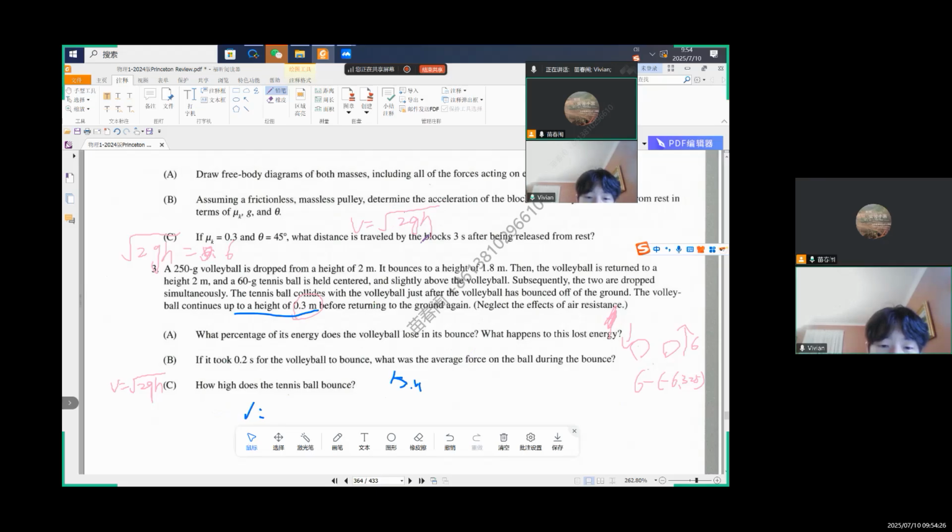Square root of 20 times 0.3, square root of 6, is 2.45 almost.